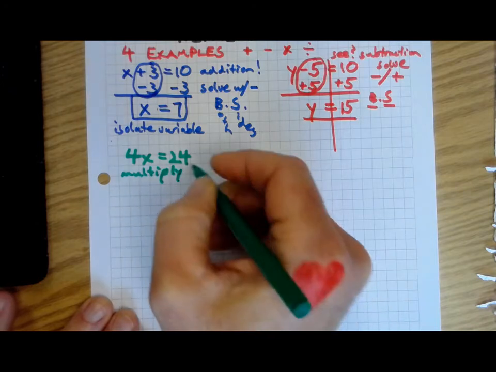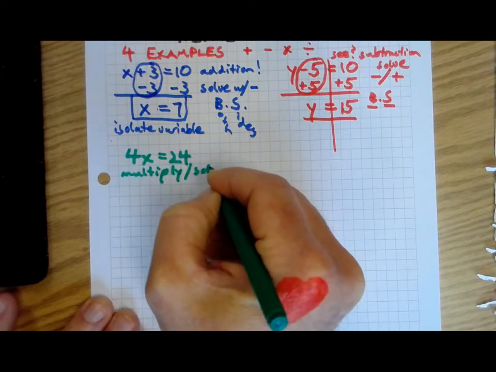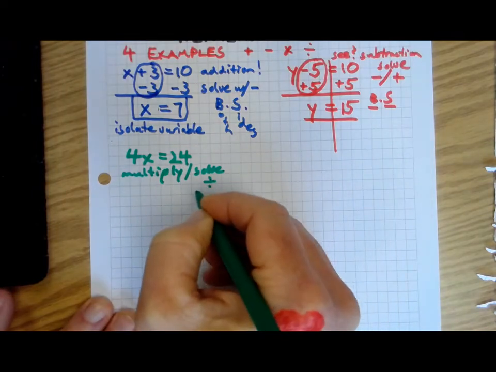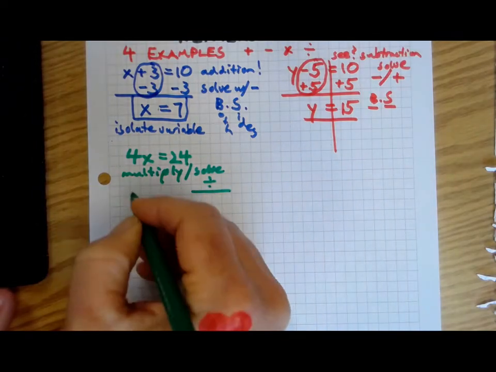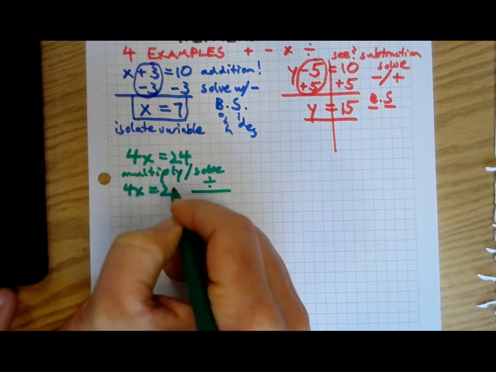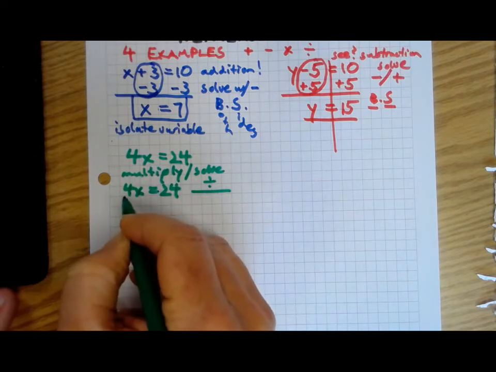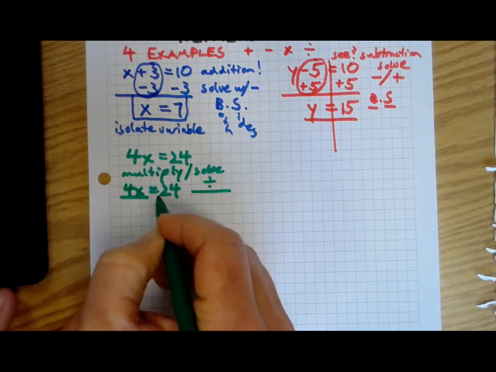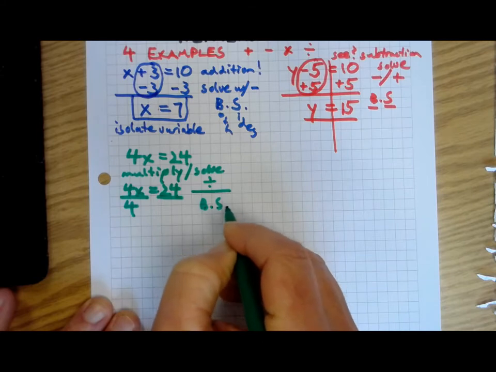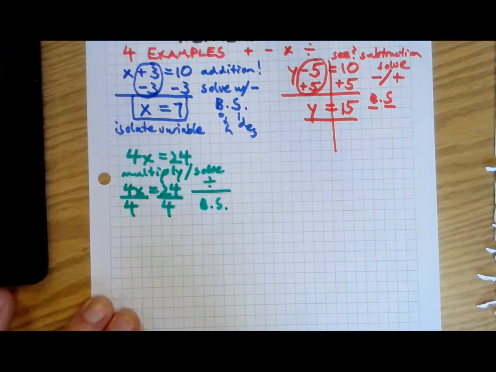We see multiply, so we're going to solve with division. Division also looks like a fraction bar, of course. So here's what that would look like. 4 times x equals 24. If we divide both sides by that coefficient, there it is again, the both sides, this makes 1, so we're left with 1x.